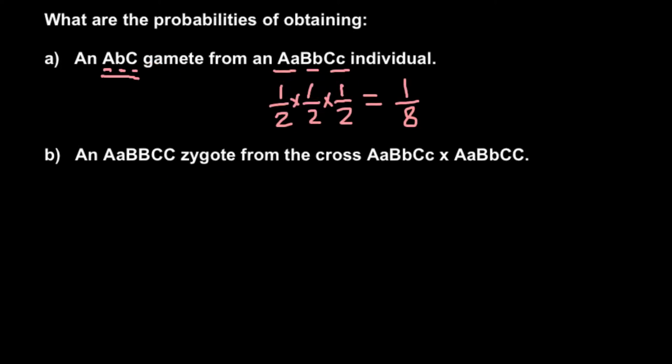Gamete is haploid, zygote is diploid. And here we have the genotypes of two parents. So this can be parent 1 and this can be parent 2. So what is the probability that these two parents would produce the genotype for the progeny that is going to be this genotype? So how are we going to solve this problem?